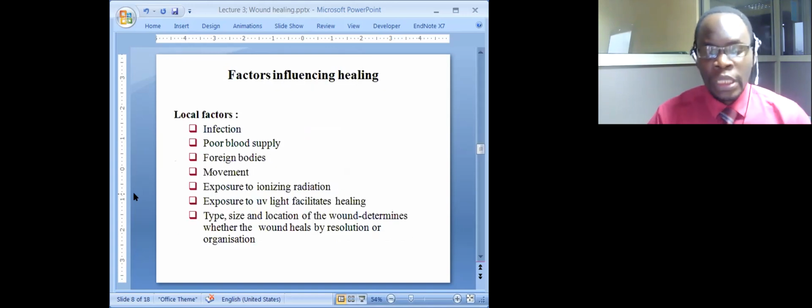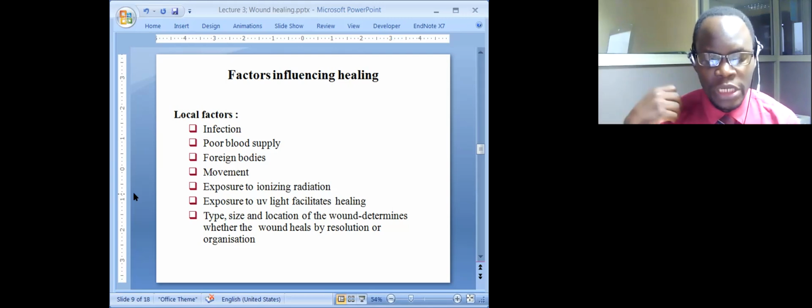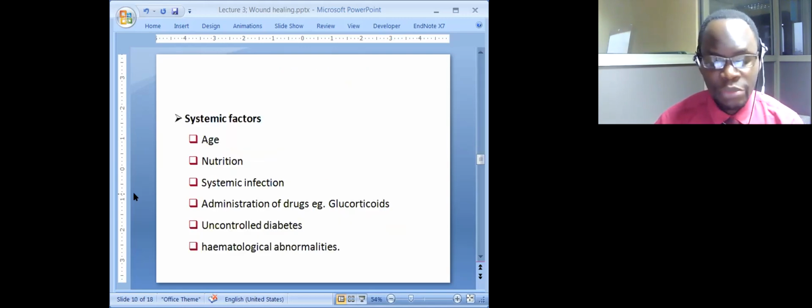Now, the other thing we should talk about is the factors that basically influence wound healing. What are these? Things like infection, blood supply to the area, foreign bodies, if you don't immobilize the place, exposure to ionizing radiation, exposure to UV light. All these can basically influence the healing process.